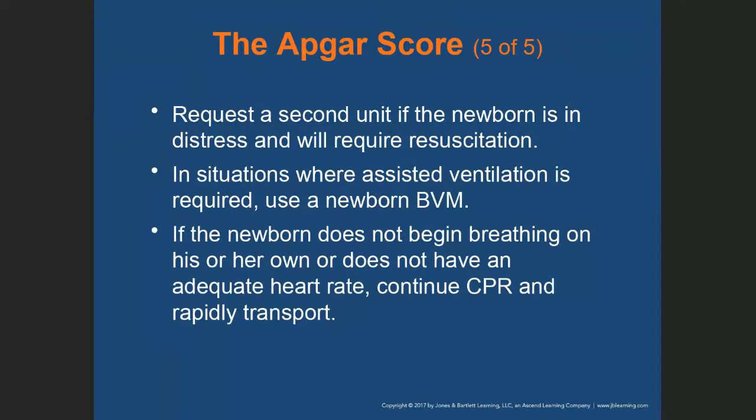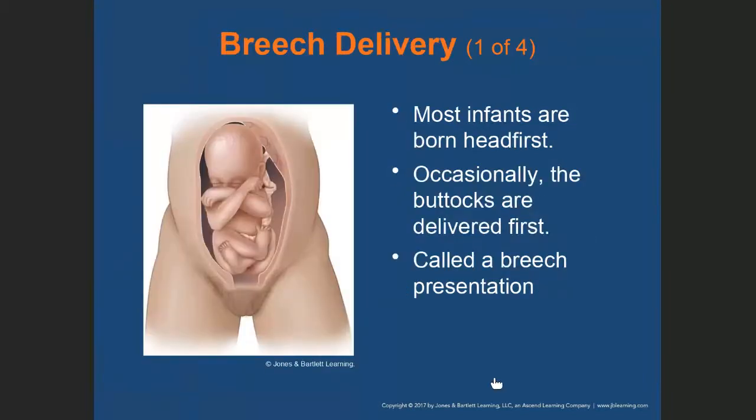In situations where assisted ventilation is required, use a newborn BVM. If the newborn does not begin breathing on his or her own or does not have an adequate heart rate, continue CPR and rapidly transport.